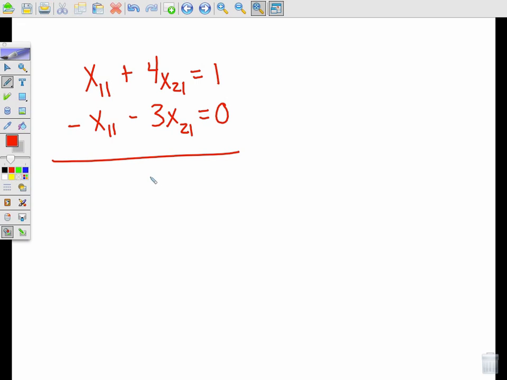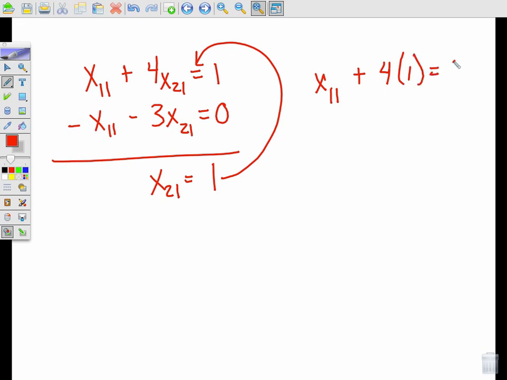So I can add the equations together, and x21 equals 1. If x21 equals 1, back substitute: x11 plus 4 times 1 equals 1, so x11 would equal negative 3.